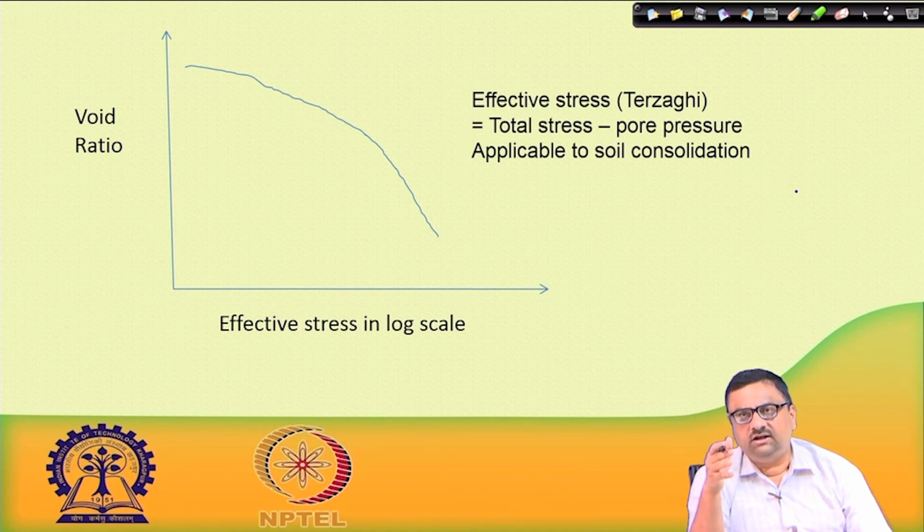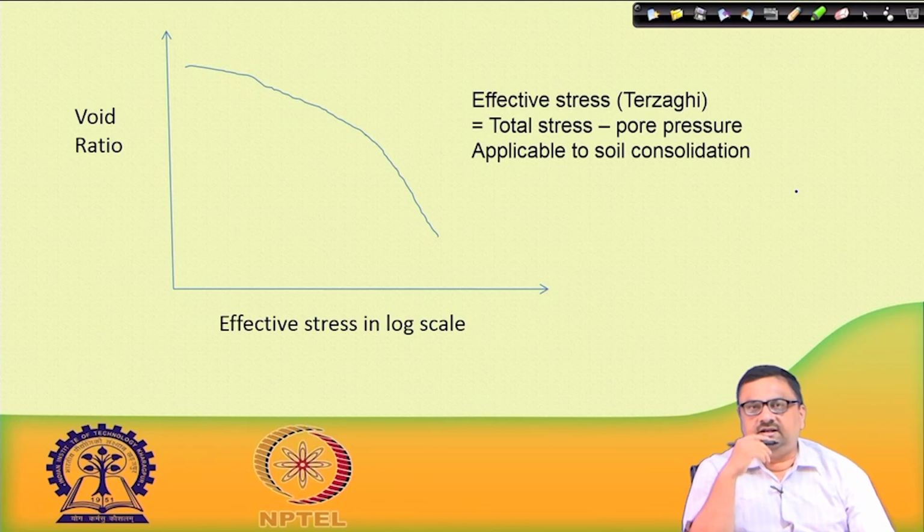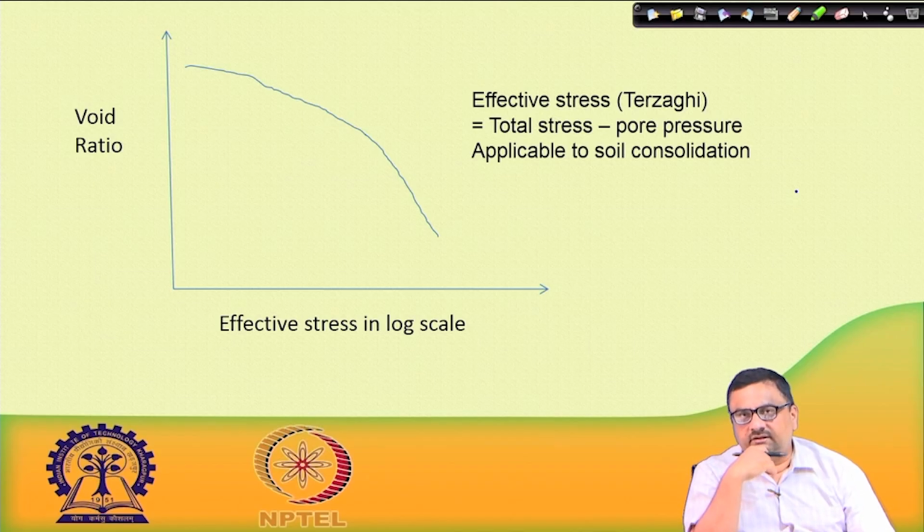So, the term consolidation is used in this regard, and consolidation means that the void ratio is going to change as effective stress is increased. The x axis is effective stress given in log scale, and void ratio is placed in linear scale.